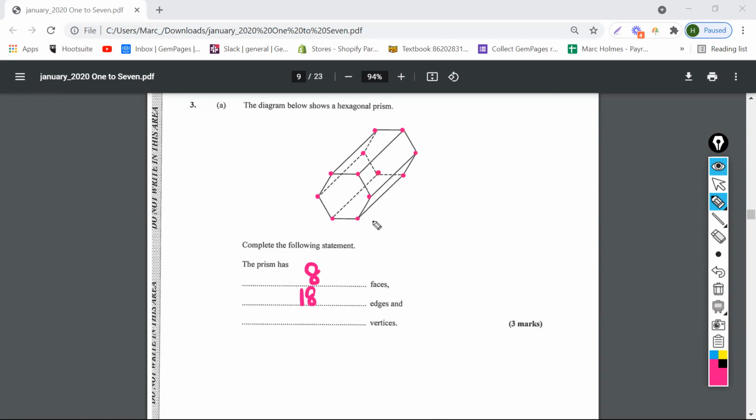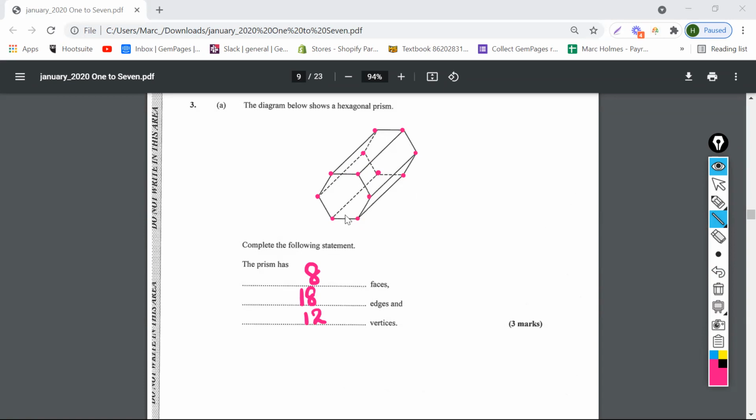So it's 12 vertices. Oh, I mixed up the edges and the vertices. Yeah, you mixed up the edges and the vertices. So the vertices, as you can see, guys, usually about 3 or 2 edges come from the vertices. You understand what I mean? It's the place at which everything just comes together almost. Make sense?